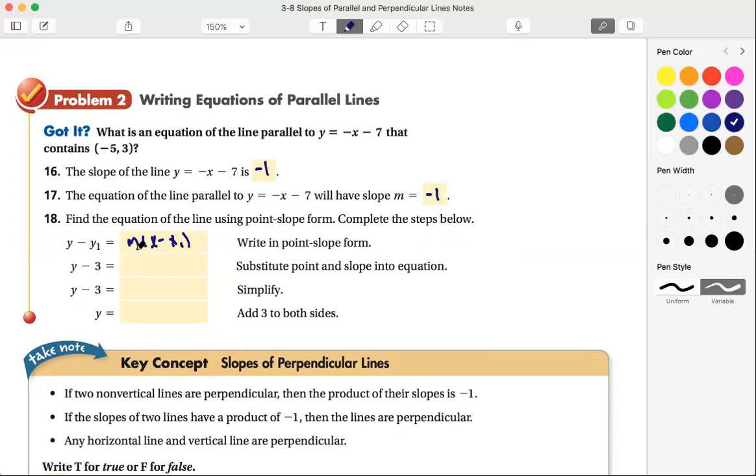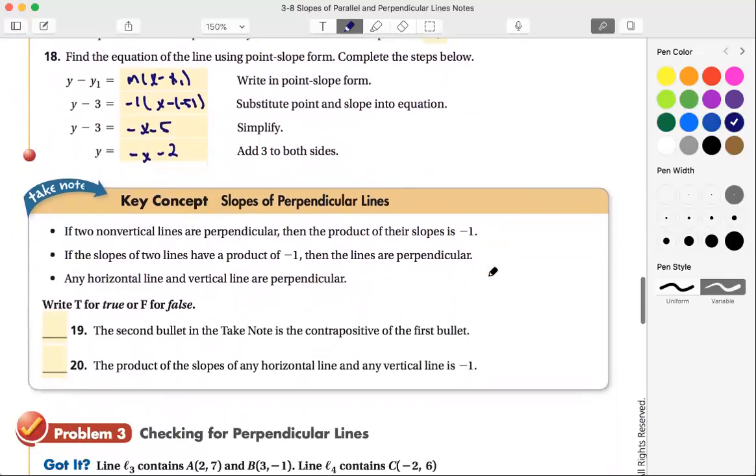Plugging in the information, y minus 3 equals our slope, negative 1, times x minus a negative 5. We're going to simplify, so we have negative x minus 5. Add 3 to both sides, we have y equals negative x minus 2. And that's how you do that.